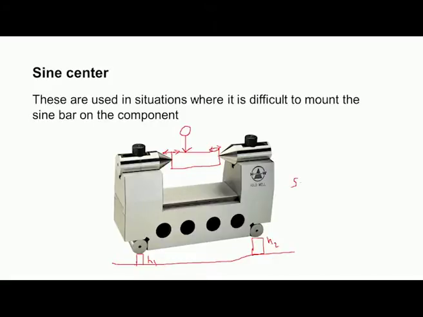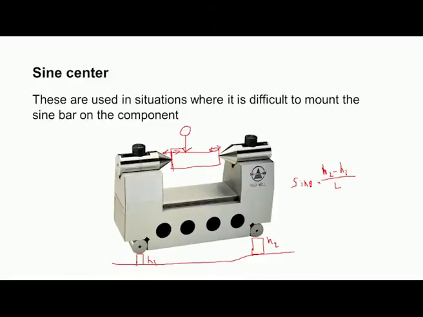H2 minus H1 divided by L. We know the size of the sine bar, and say we have a tapered component.